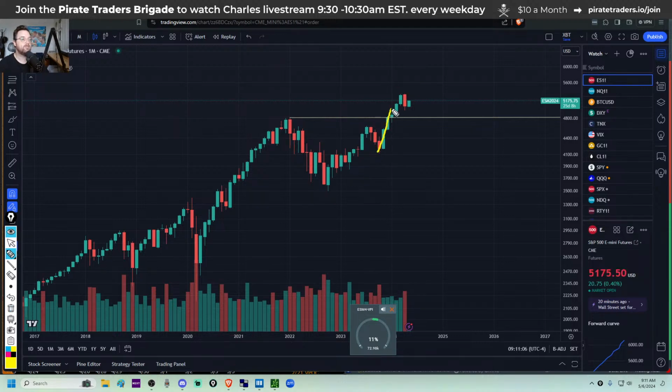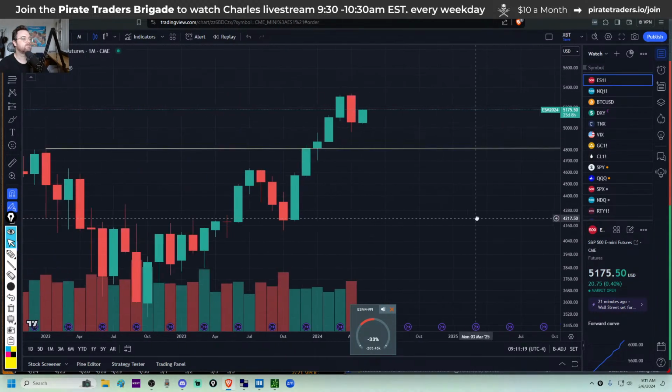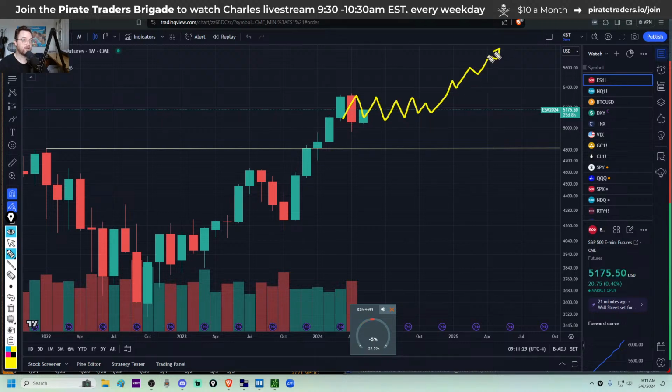The momentum to the upside on the monthly time frame has come to an end because we made a lower high. And now we are either, actually, let me zoom in a bit. Okay. We are either going to go sideways at higher prices until the market is ready to continue higher, or we need a pullback with price.